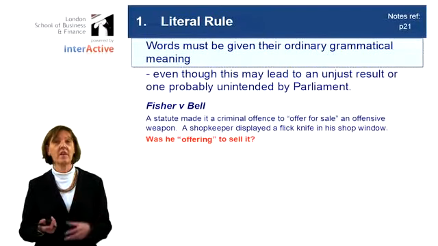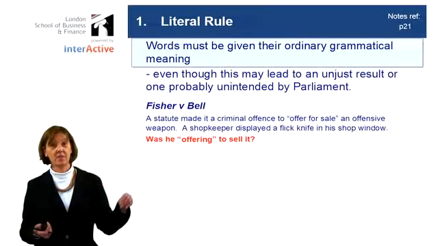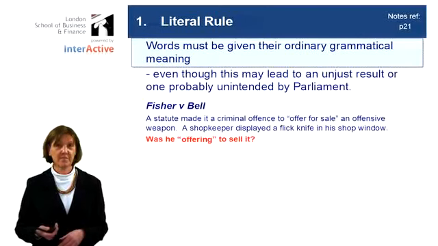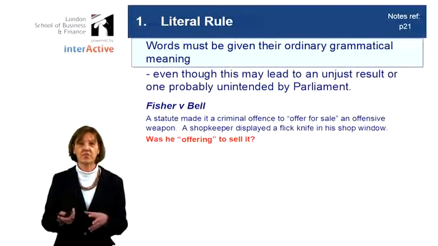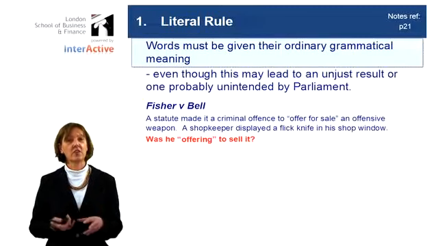But they didn't achieve that with the words of the Act of Parliament. Well, by the way, that Act of Parliament has now been changed. It now says it's a criminal offence to offer for sale or display in your window, which of course is what they should have said in the first place. Well, that's the first rule, and it's logical to do that one first because it's normally the one that the judges will turn to first.